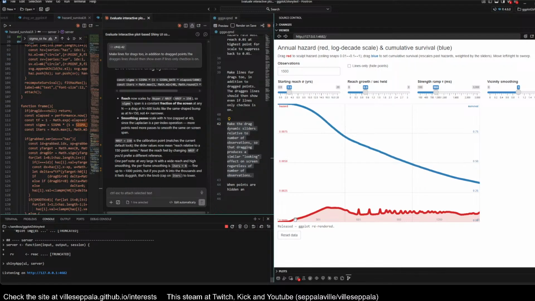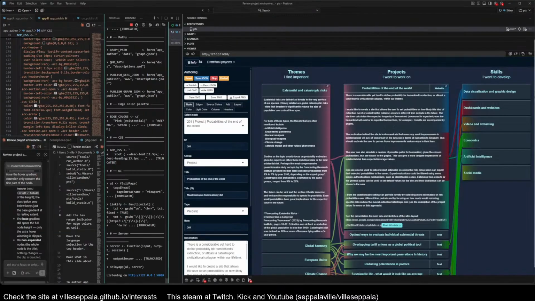Again, if we talk about this kind of catastrophic event occurring, there was a nice definition in this. I'm going to show this again. If you want to look into these probabilities, I recommend this paper, Forecasting Existential Risk: Evidence from a Long-Run Forecasting Tournament by the Forecasting Research Institute.